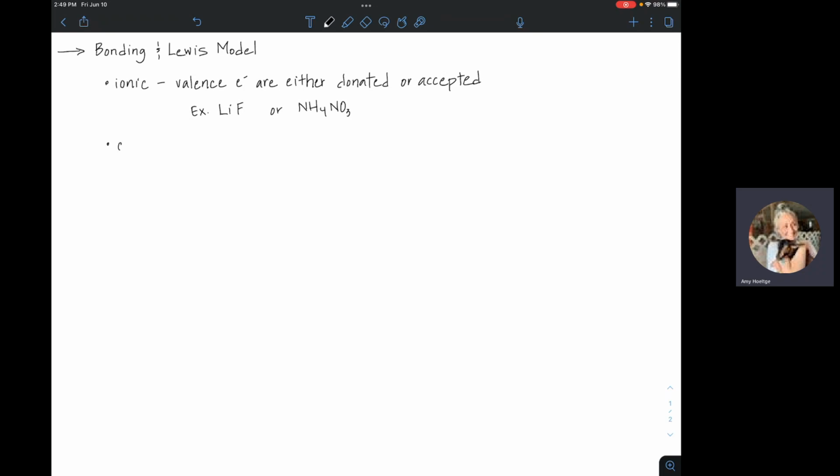With covalent bonding, it's a little different. This is a situation where we're going to share valence electrons between the bonding atoms.